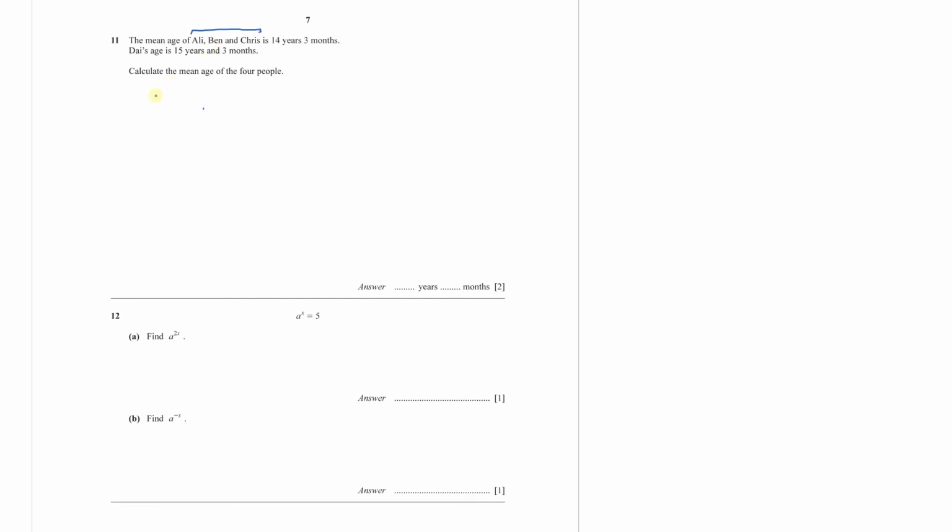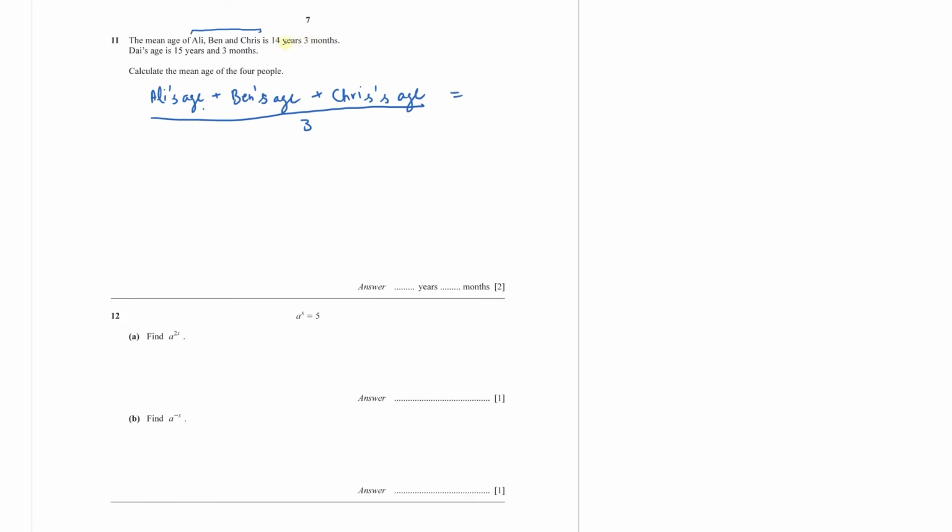If I add Ali's age plus Ben's age plus Chris's age, there are 3 ages that I'm adding up, and divide by 3, I should get 14 years and 3 months.